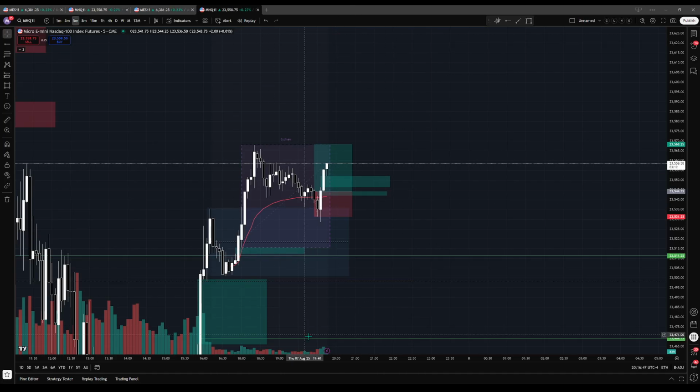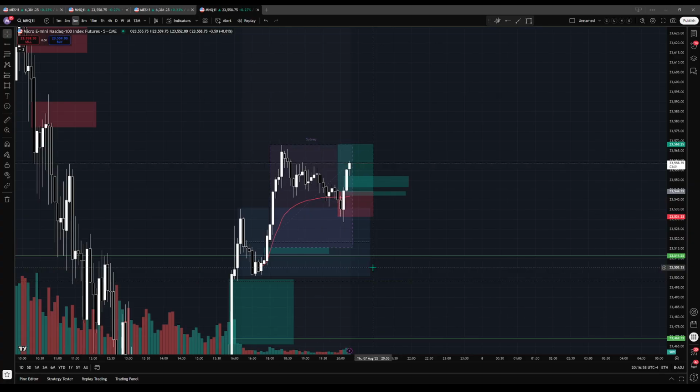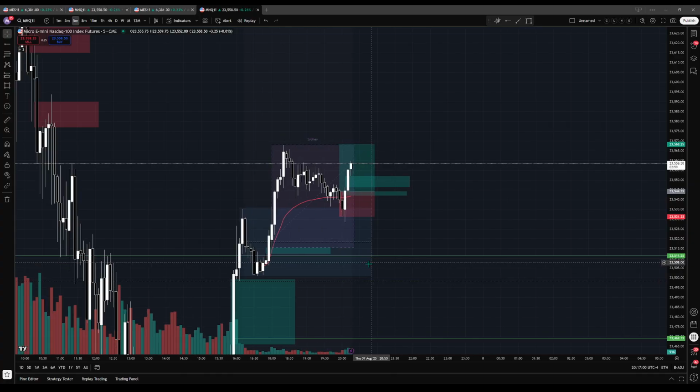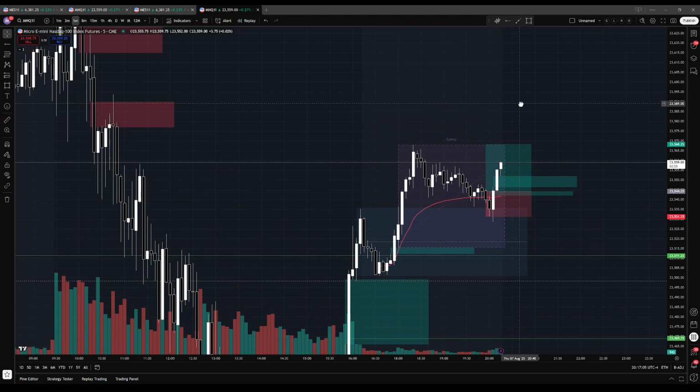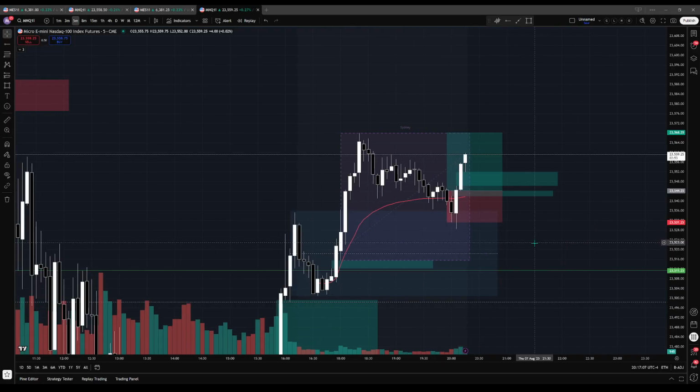Another thing I like here is we do see some volume, and the VWAP is starting to slope up. So it looks like a pretty good trade. Anything could happen, but it's looking solid.